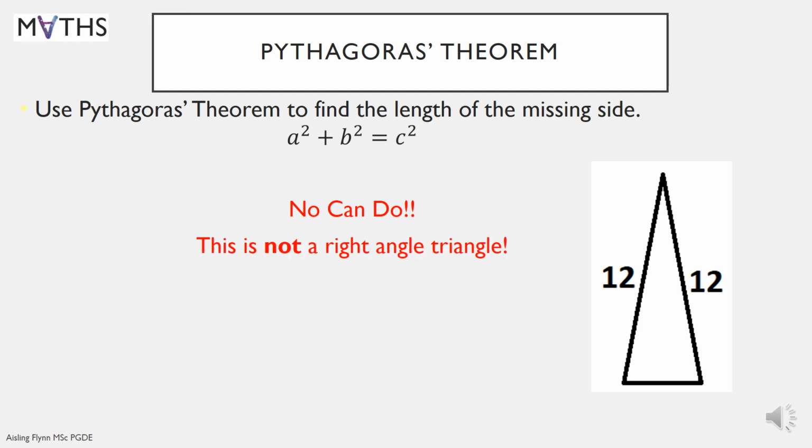Why not? This is not a right-angled triangle, so you cannot use Pythagoras' theorem. It will not give you a correct answer. You must go to what you know about trigonometry to answer this one, and in fact, you need more information. We don't have enough information here on this triangle to do it either.